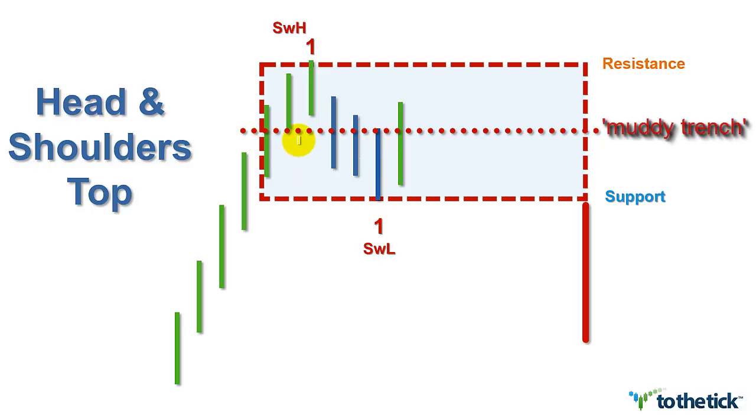Then I look for the muddy trench, that middle ground area, that tug of war, where the guys in there are getting hit on that number a lot. How big is it? Sometimes it gets down to a tick, sometimes it's wider. Again, it's trader's choice, but you're looking for the place where buyers and sellers are willing to exchange hands of the contract.